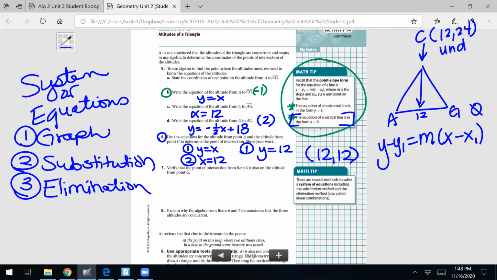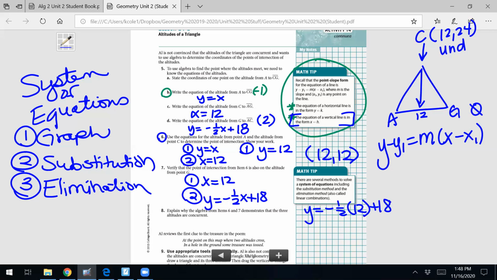Now, do I have to do that again using D? You definitely can. You could say equation 1 this time is going to be x equals 12. And equation 2 is going to be y equals negative 1/3 x plus 18. And again, you would choose. Do you want to do substitution or do you want to do elimination? What would you choose? Substitution. And you would just simply sub in 12.